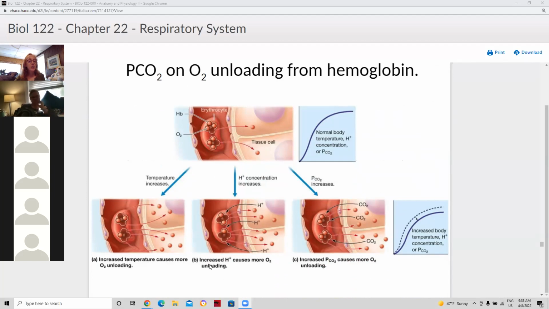Increased hydrogen ions is going to result in more oxygen being unloaded. The curve is shifting to the right again. Increased carbon dioxide levels is going to cause more oxygen unloading. So the curve is shifting to the right again.